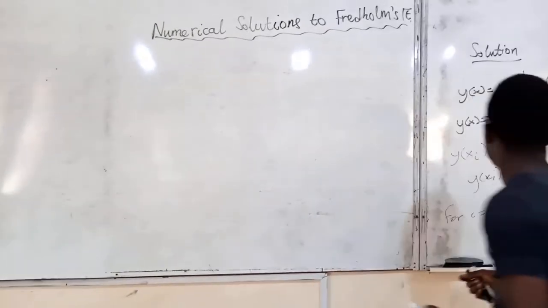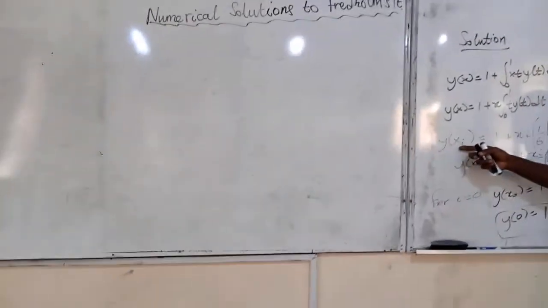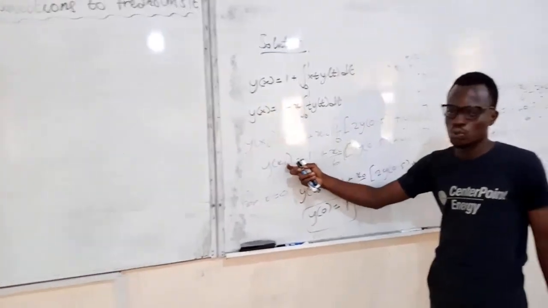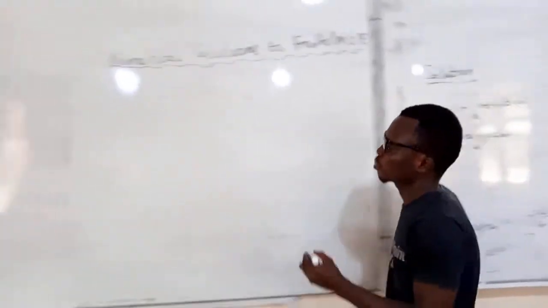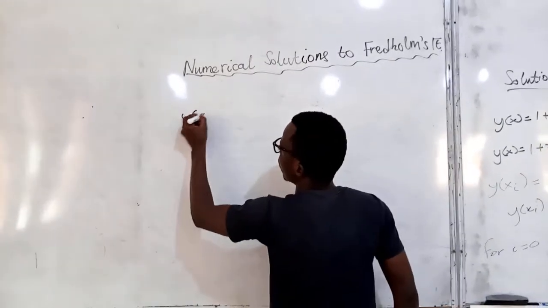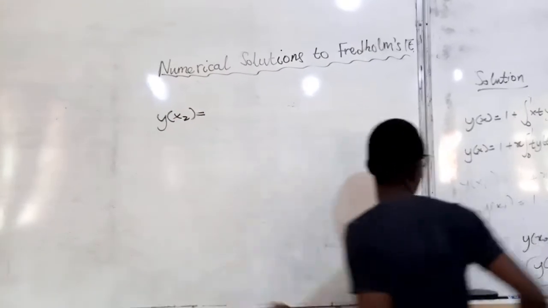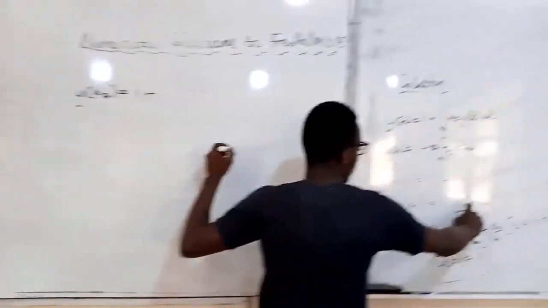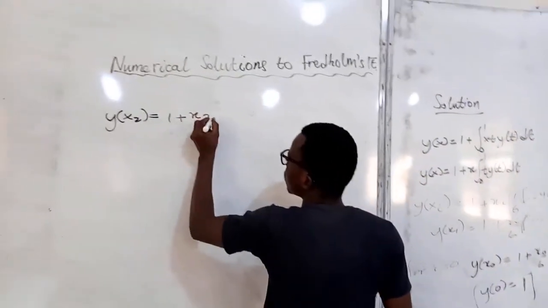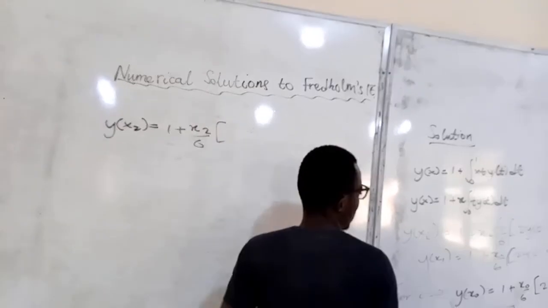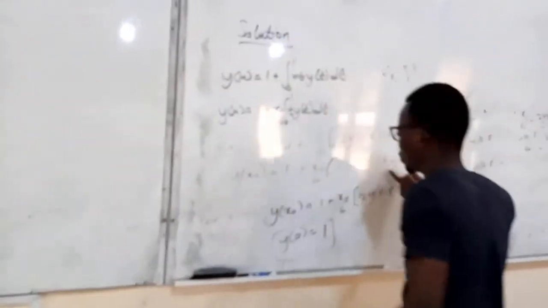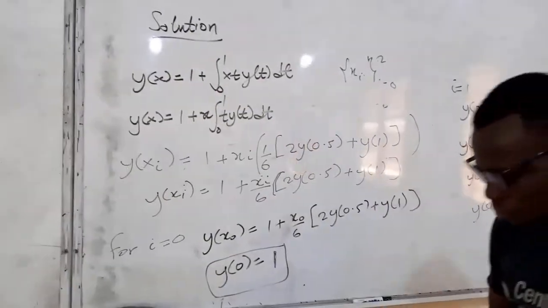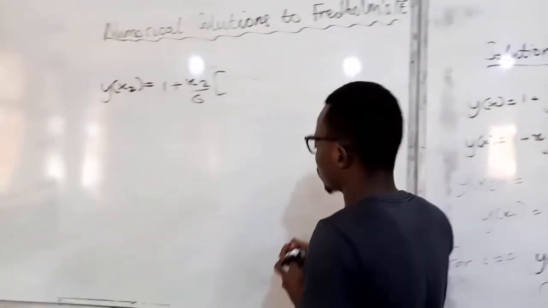When i gets to 2, here we have y of s2. y of s2 is equal to 1 plus s2 divided by 6, into bracket, we are going to have these entries, which is 2 of y of 0.5 plus y1.